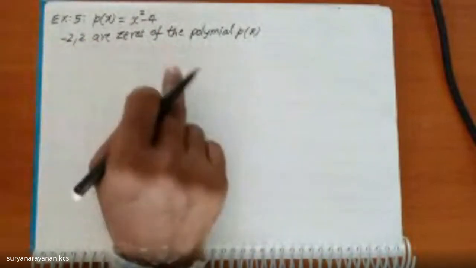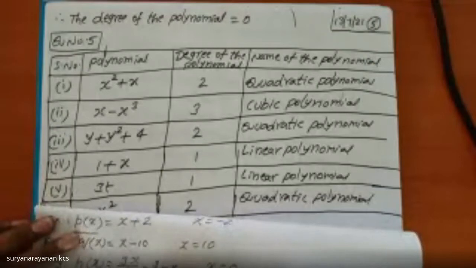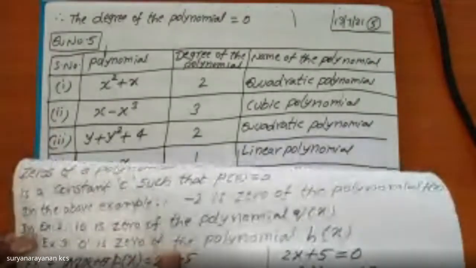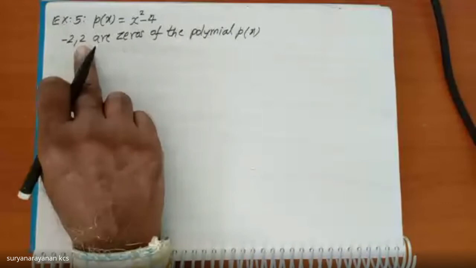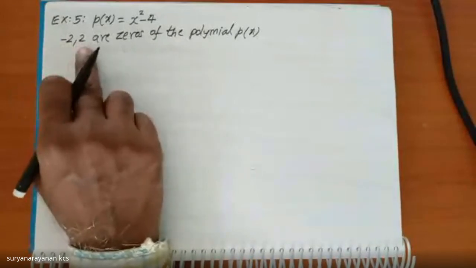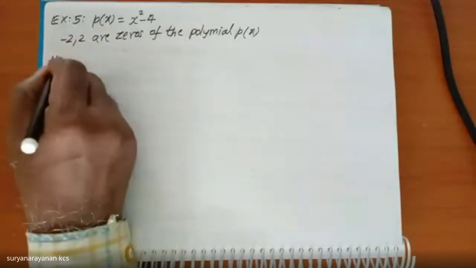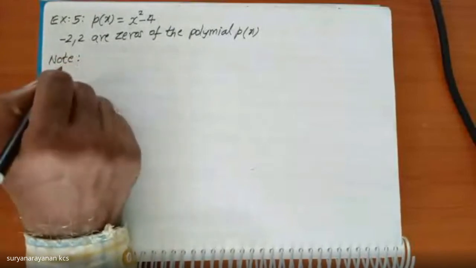In the previous examples, you got one and only one number, one and only one constant. Only one constant is a zero of the polynomial. Whereas in this case, you get more than one zero. So observe.